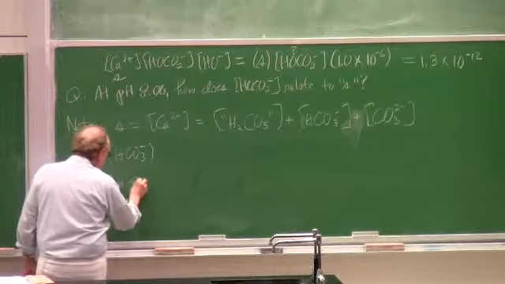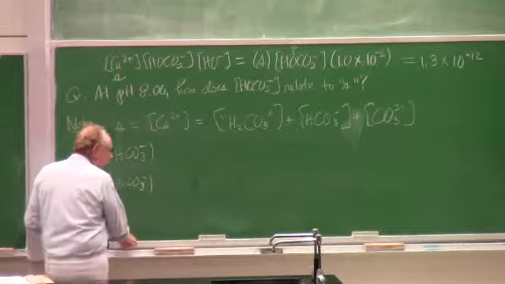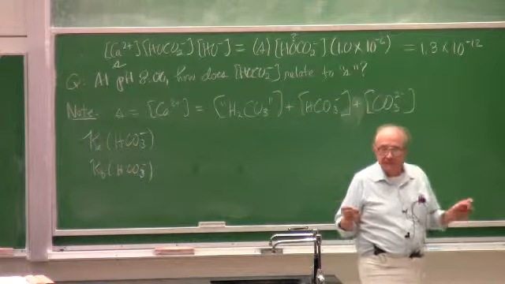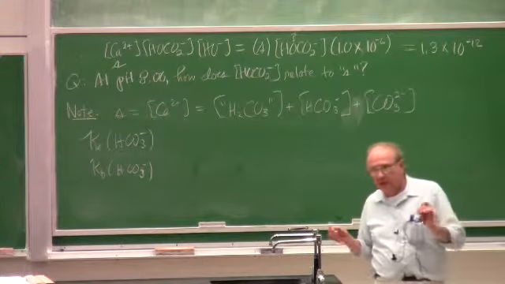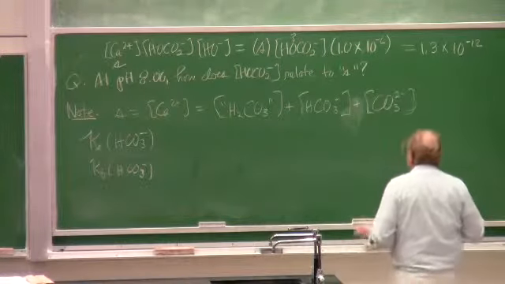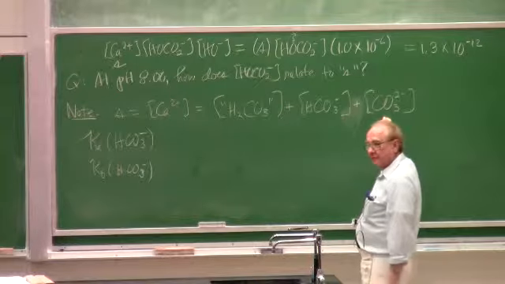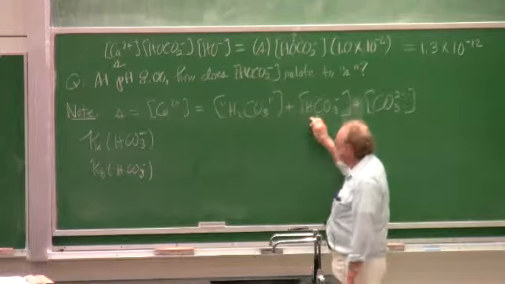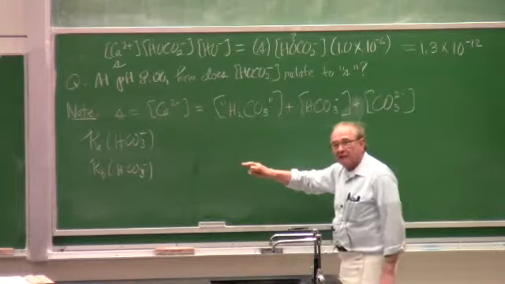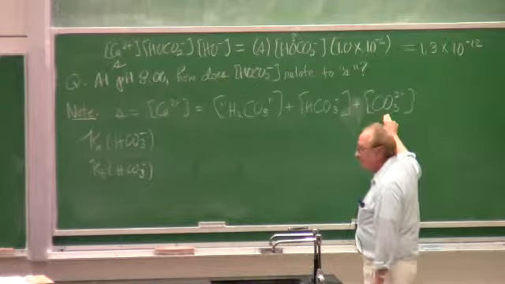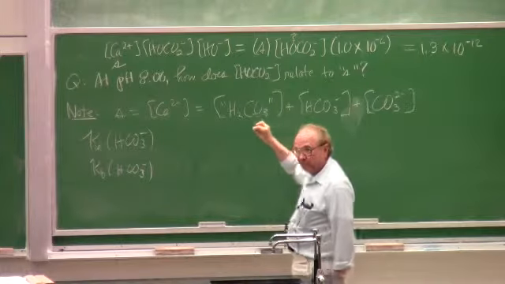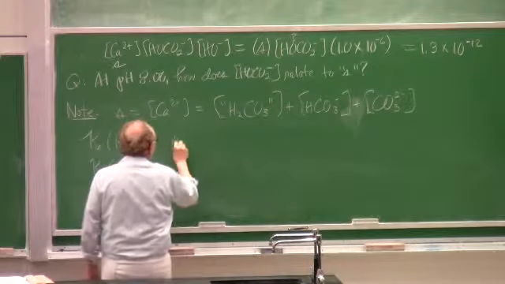Because what we need to do, let me tell you this before we do it, is to establish a relationship between the relative molarities of this to this as a function of pH, and this to this as a function of pH. Ka bicarb allows us to get the relationship between this and this as a function of pH, and Kb bicarb allows us to get the relationship of the molarity of this to this as a function of pH. You know this?